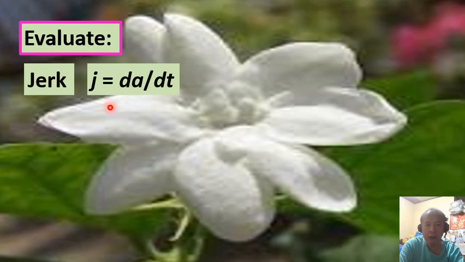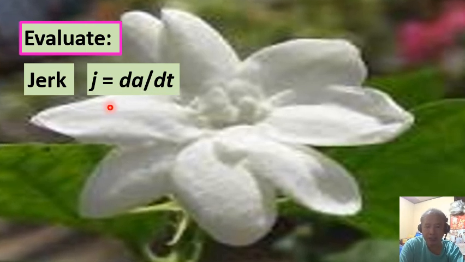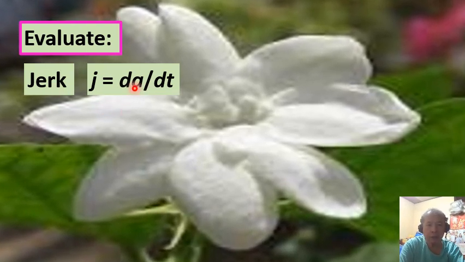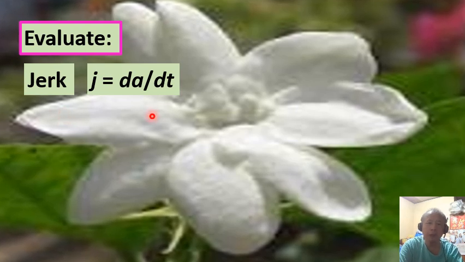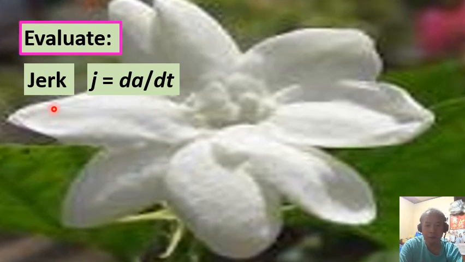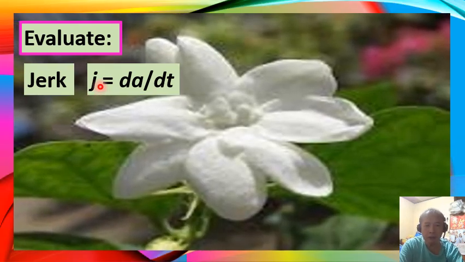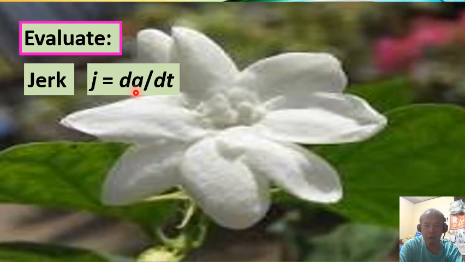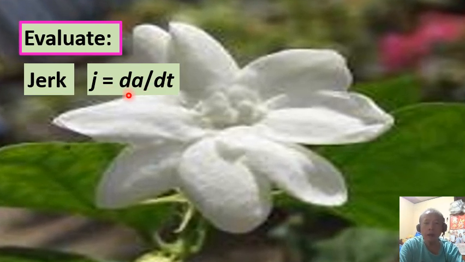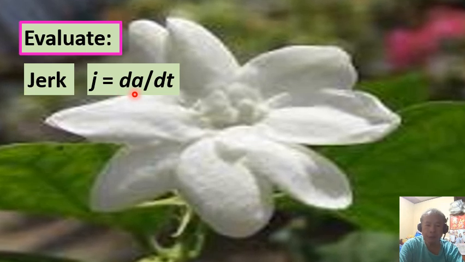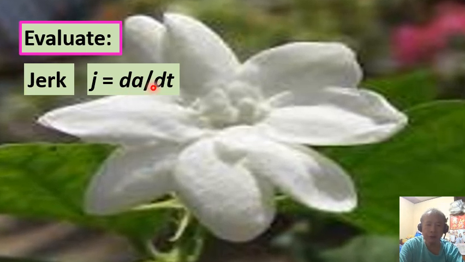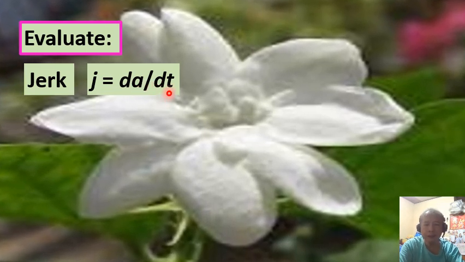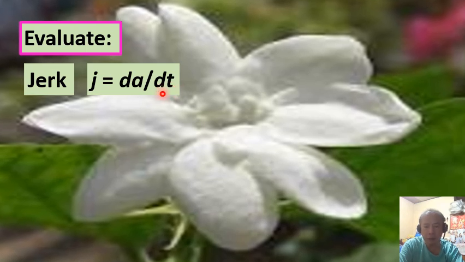We can check our computed answer earlier by introducing the concept of jerk, denoted by small letter j. So jerk is just the derivative of the acceleration over the derivative of the time t.